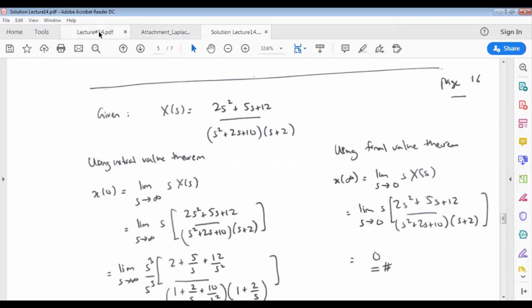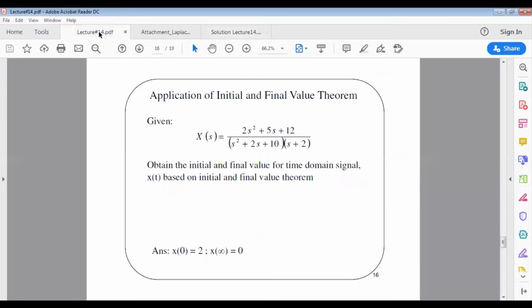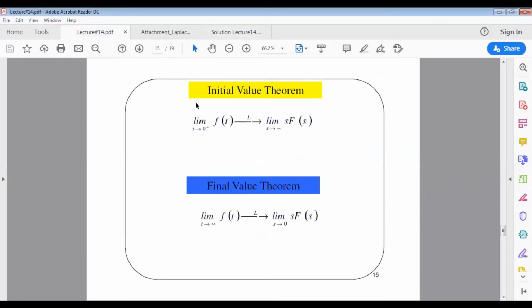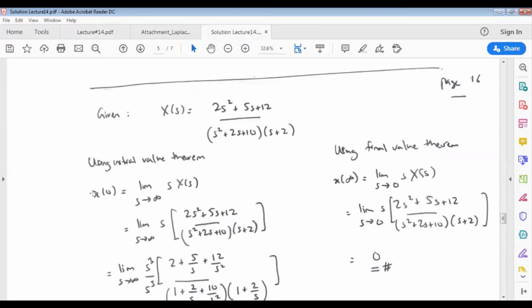Going back to the lecture, the limit of t approaching 0 of f(t), which is f(0), is equal to the limit of s approaching infinity of s F(s). This is what I adopted in solving the initial value.